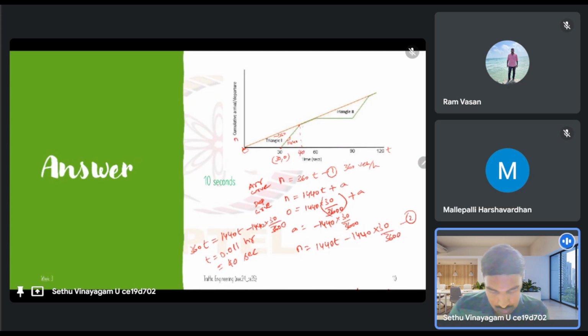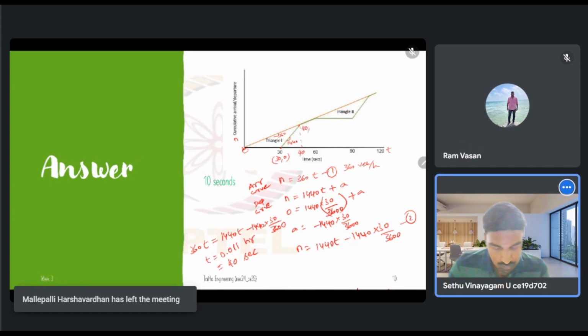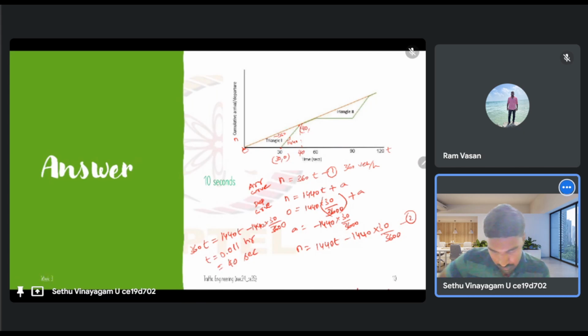So we know this point is 40, comma something, right? So what is the y for that? So n of 40 is equal to, from the arrival curve we can know that point. Because the cumulative number of arrivals and departures is the same, we can use either equation 1 or equation 2.